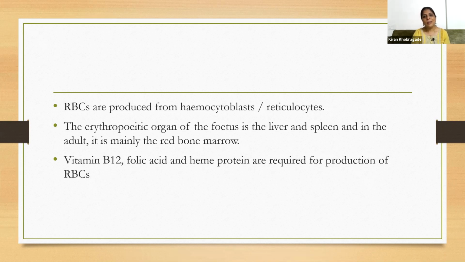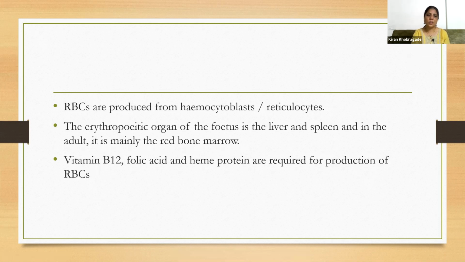And later, in the adult stage, what is the main site? Red bone marrow. What do you mean by bone marrow? When we see long bones, the central part of the long bones is called bone marrow. There the production of RBC takes place.